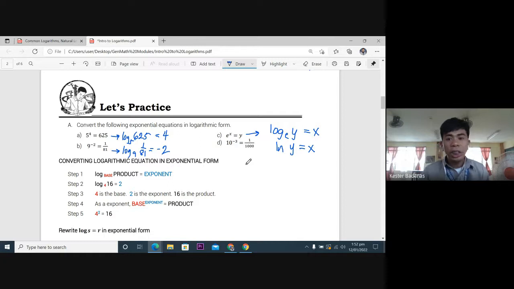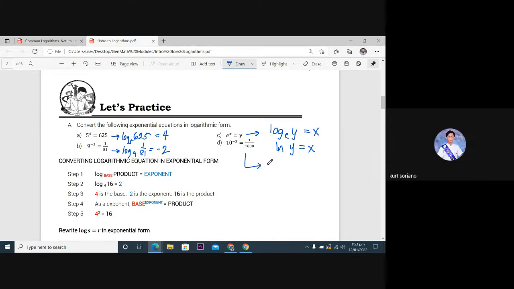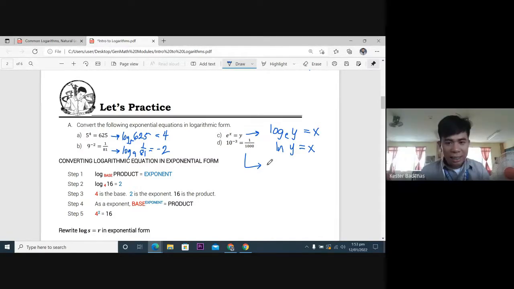And how about letter D? Kurt? Sige. Di ba, sir, kapag base siya sa 10, hindi na sinasama? Yes.